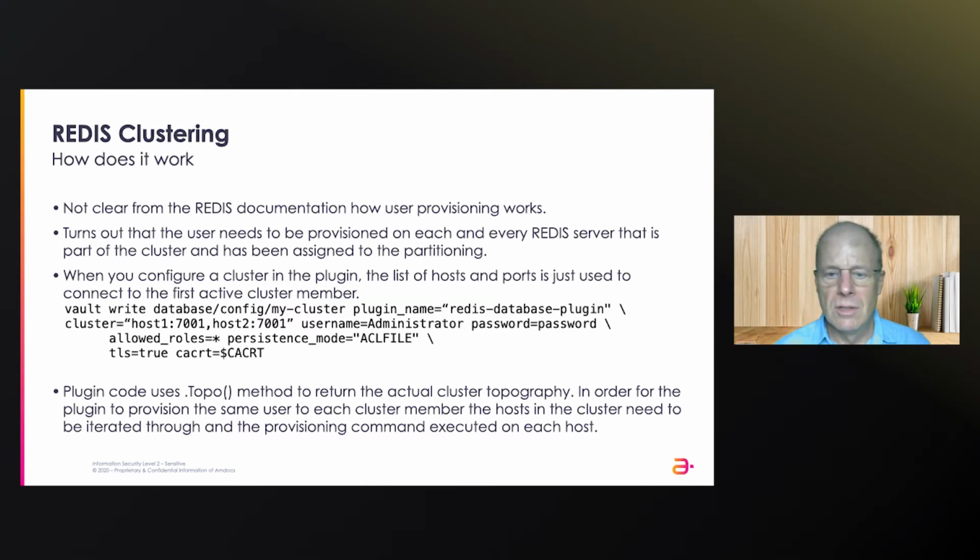I didn't know whether I could just provision to one of the cluster members and it would be automatically replicated to the others or anything like that. And I had to try it out and find out that actually no, it wasn't. I had to go and do the work of figuring out what the topography of the Redis cluster was and going to each of the nodes and repeating the provisioning commands on them.